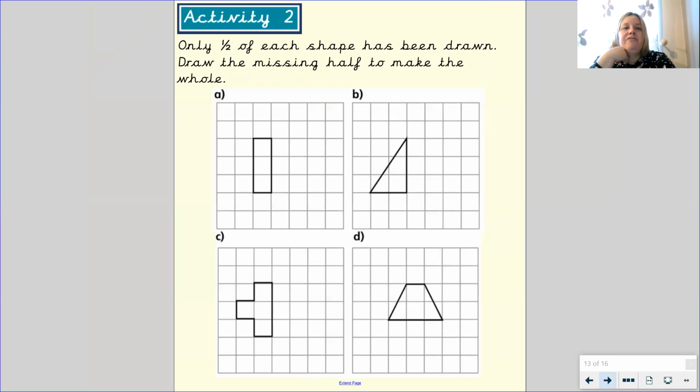Then, once you've done that for activity 2, only half of each shape has been shown. Draw the missing half to make the whole. But if I was doing question A, I would draw the other half. So I've got to draw the other half of the shape, and you would use a ruler to make it really neat to show that both halves are equal.